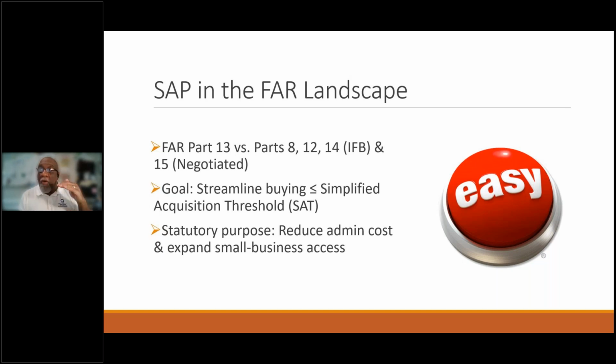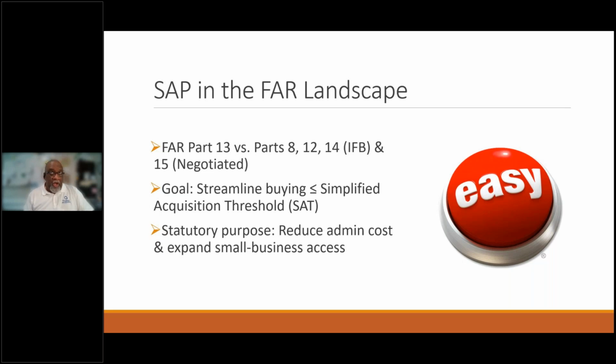The goal of FAR Part 13 is streamlined buying. Okay? Anything less than the simplified acquisition threshold should be highly efficient, highly streamlined, taking out all of the more complex strategies that are necessary or used at the higher dollar values.